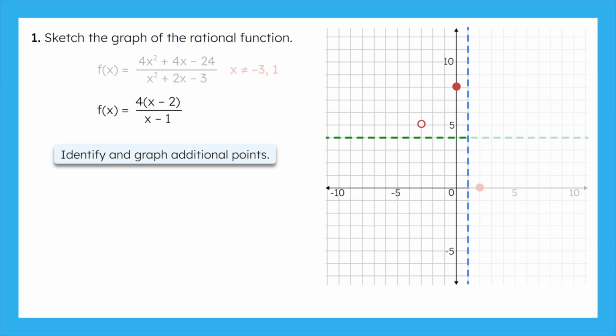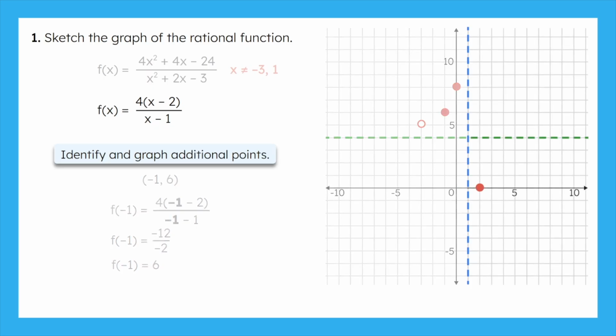We know the direction the graph is heading as it approaches each asymptote, but we still don't know how the curve looks. We'll need a point between the hole and the y-intercept, like x equals negative 1. So let's evaluate the function at f of negative 1. That gives us 6. So there's a point at (negative 1, 6).